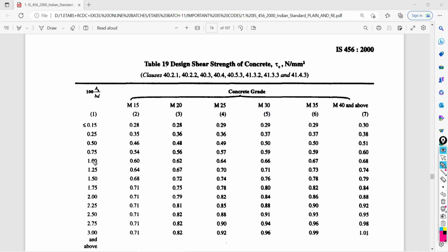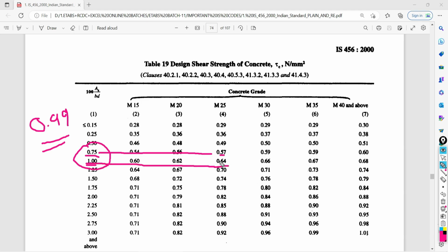Here our concern is with 0.75 and 1% of reinforcement, because our value of approximately 0.99% of reinforcement comes in between these two values. For 0.75, for M25 grade of concrete, the value is 0.57. For 1% of reinforcement, the value of tau C will be 0.64.